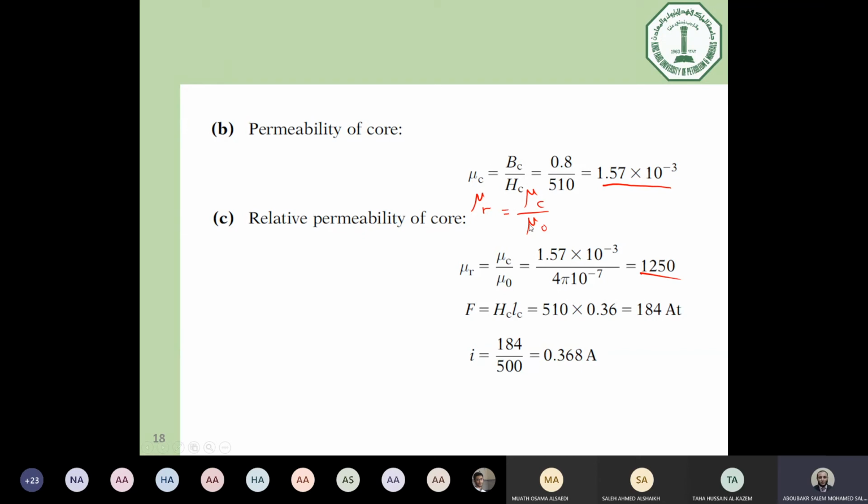We can divide by the absolute permeability, which is 4 pi multiplied by 10 to the power minus 7. We can find that the relative permeability here for the core is 1250. Okay, so this is the relative permeability of the core.